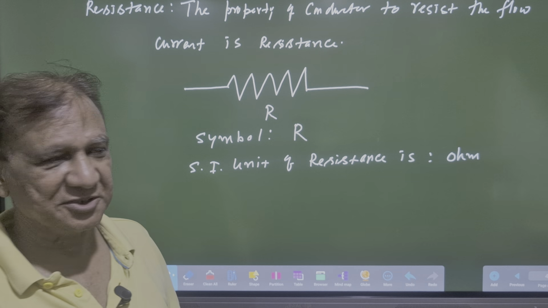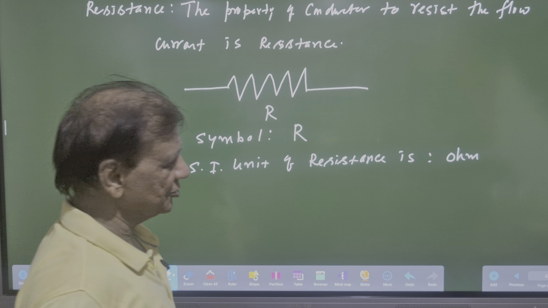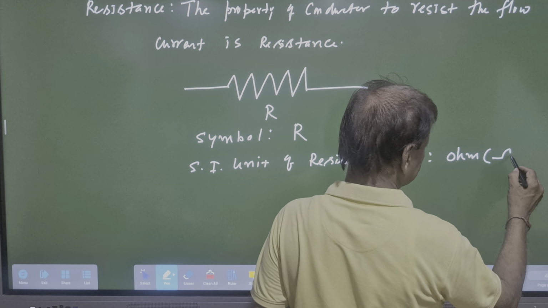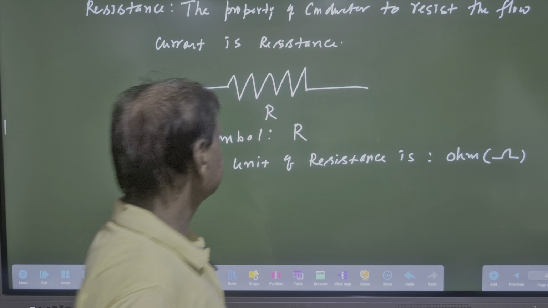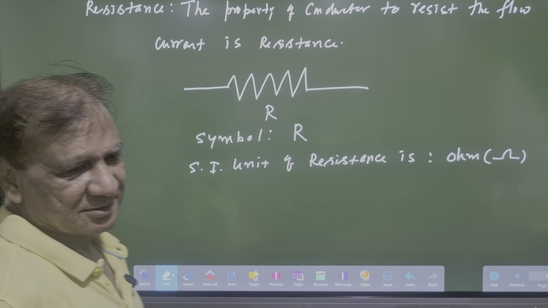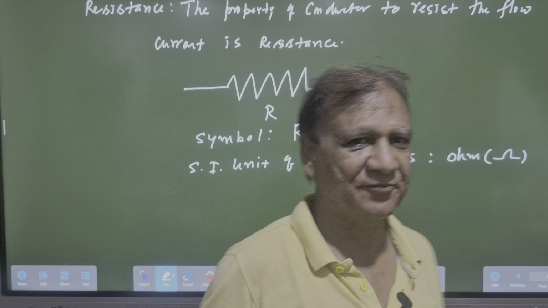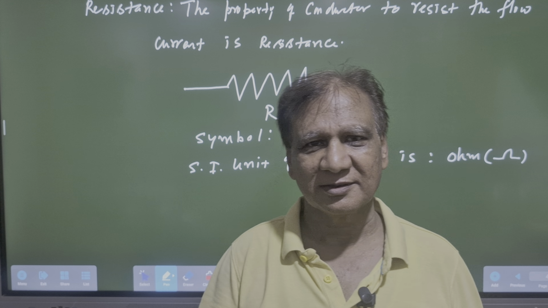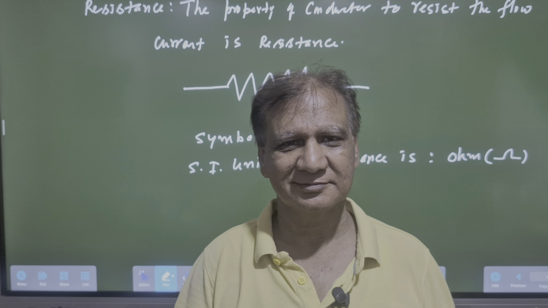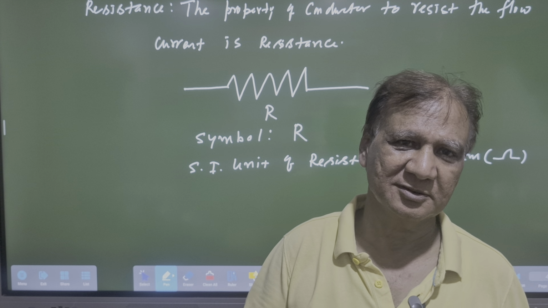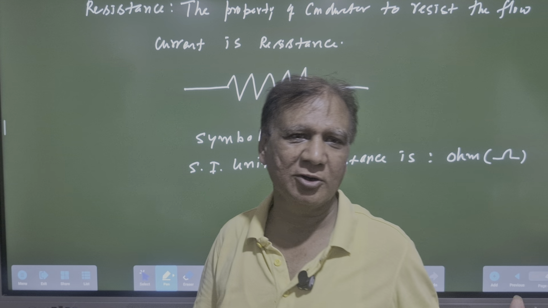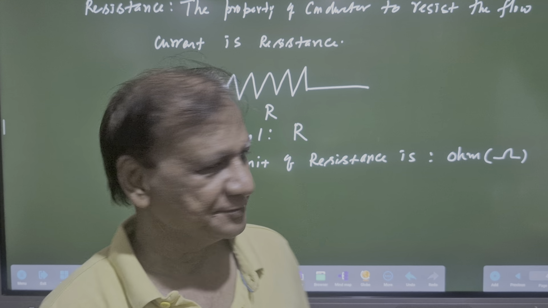It is in honor of scientist Ohm. The SI unit of resistance is ohm. So we write it like this, or there is one symbol for ohm like this. So we have studied here the four connected terms: charge, current, voltage, and resistance. When we talk about electricity, these four terms are very important.